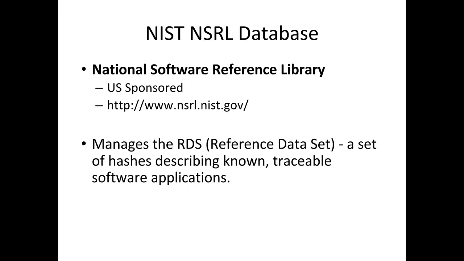Now, when it comes to the MD5 hashing, there is the National Software Reference Library. This is US sponsored, a part of NIST again, and the National Software Reference Library actually manages the reference data set, which is a set of hashes describing known traceable software applications and also known images.